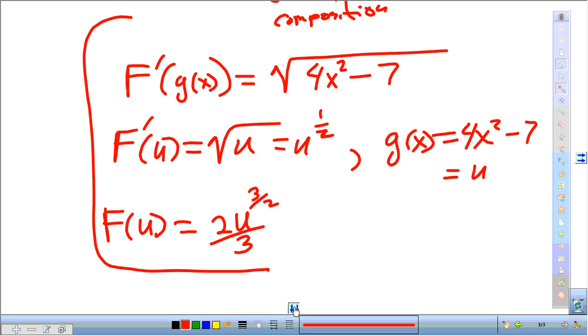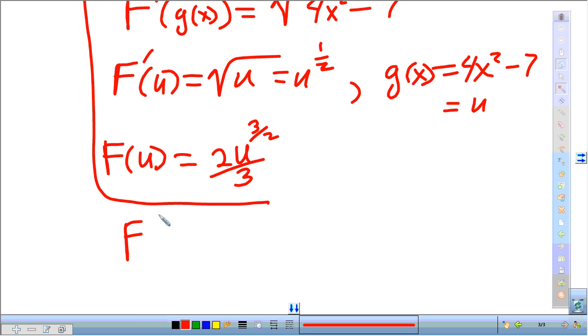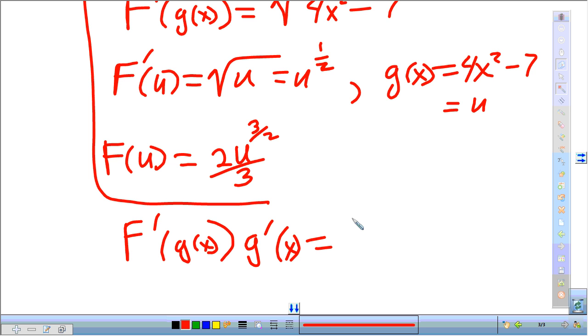So this is my attempt. If I take my f prime of g of x and g prime of x, that will give me the square root of 4x squared minus 7, which is the one factor I chose to be f prime of g of x.